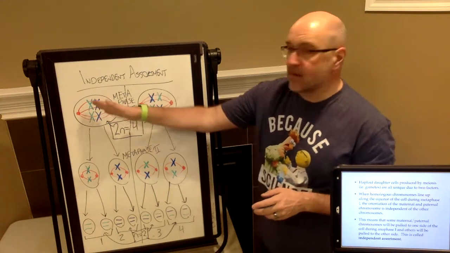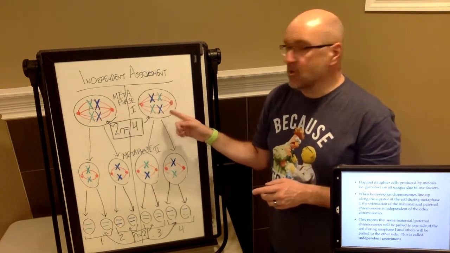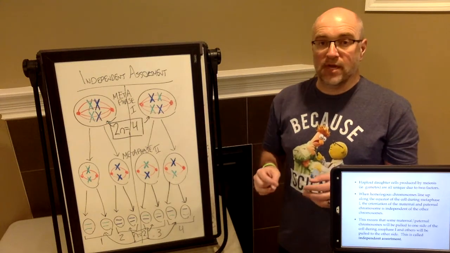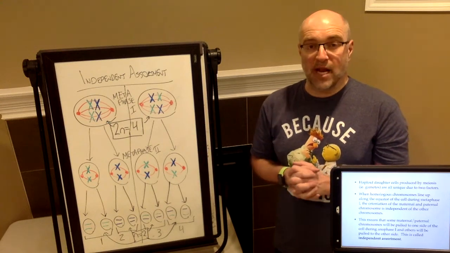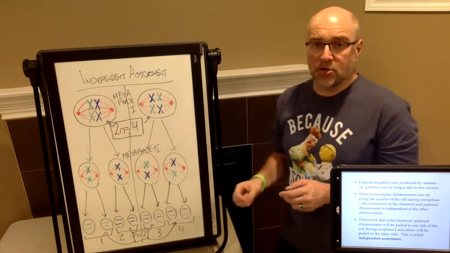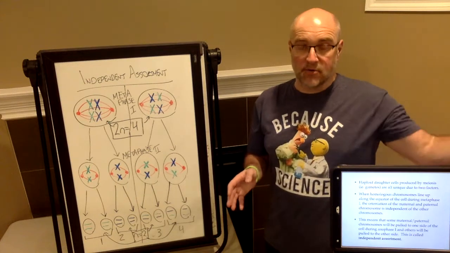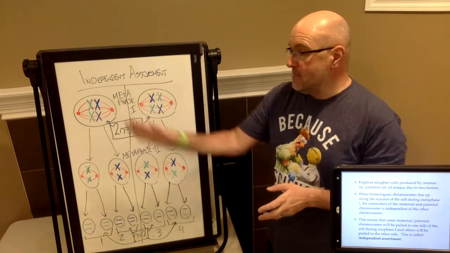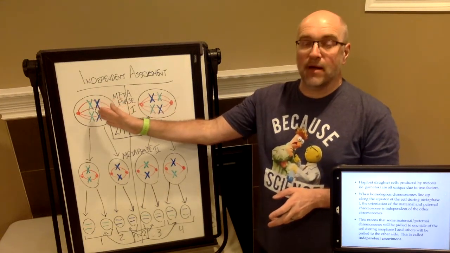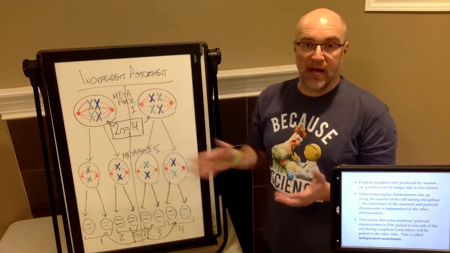So in the case of a 2n=4 cell, there are 2 possible combinations for the arrangement of the genetic material at metaphase 1. In the one case, you've got all the maternal chromatids on the one side going in one direction of the cell, and the father's genetic material is going the other direction.